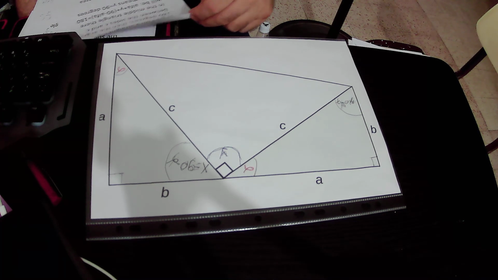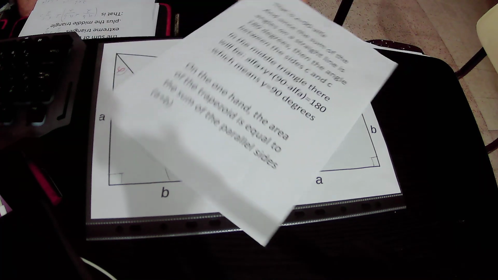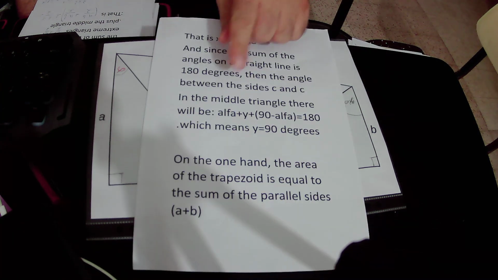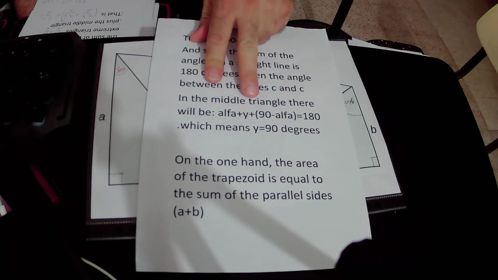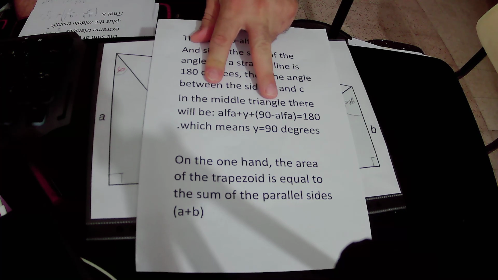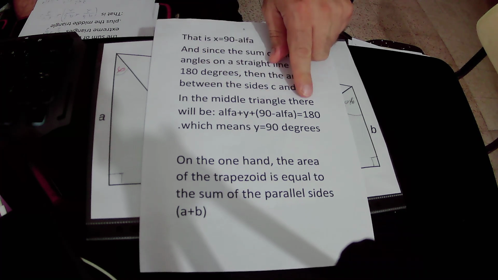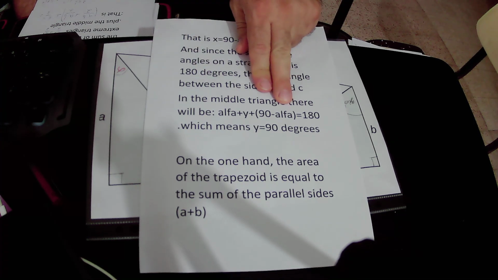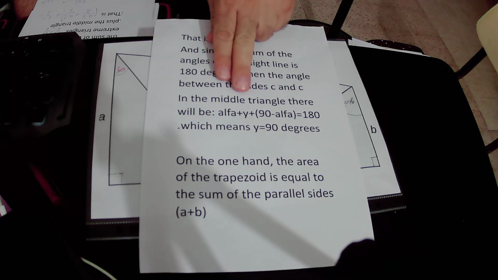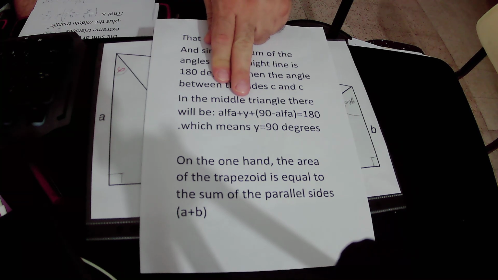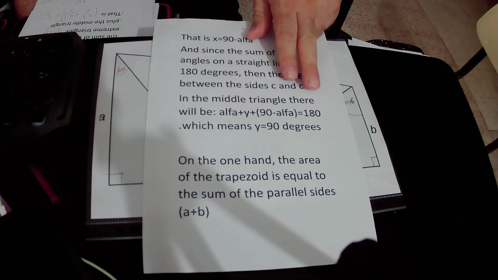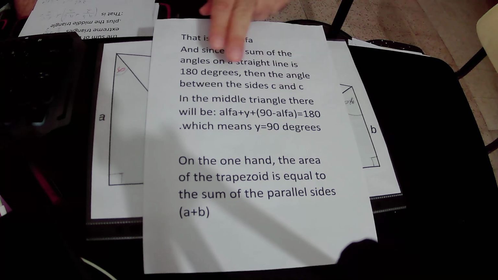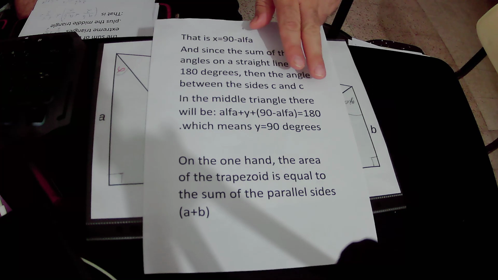So we can say that alpha plus Y plus 90 minus alpha equals 180 degrees, and alpha minus alpha equals 0. So we are left with Y plus 90 equals 180. We will deduct 90 degrees from both sides of the equation.